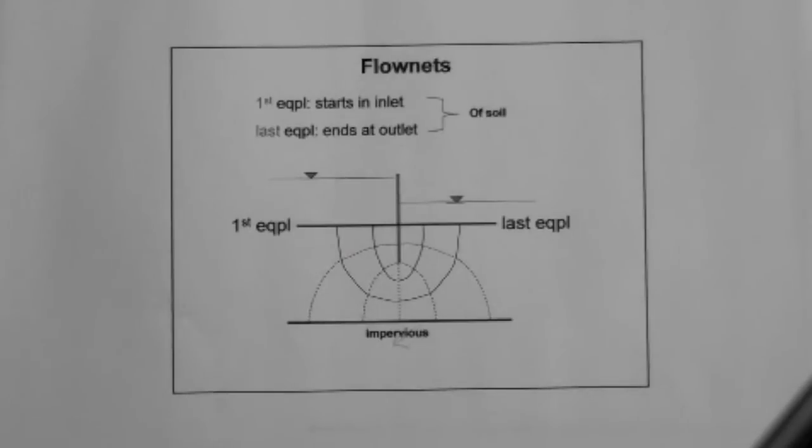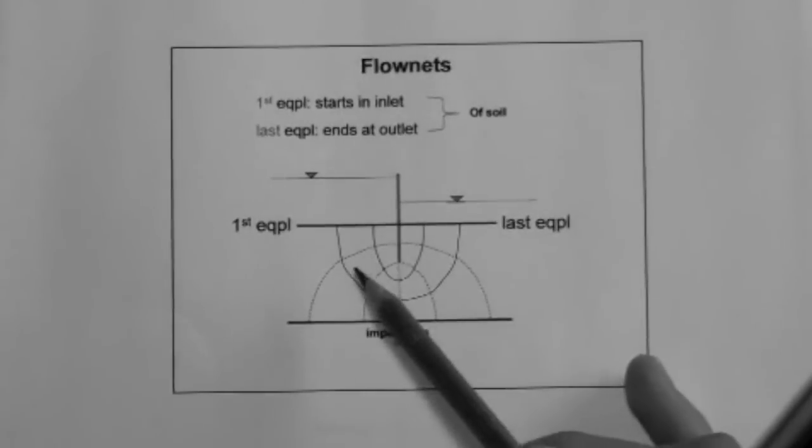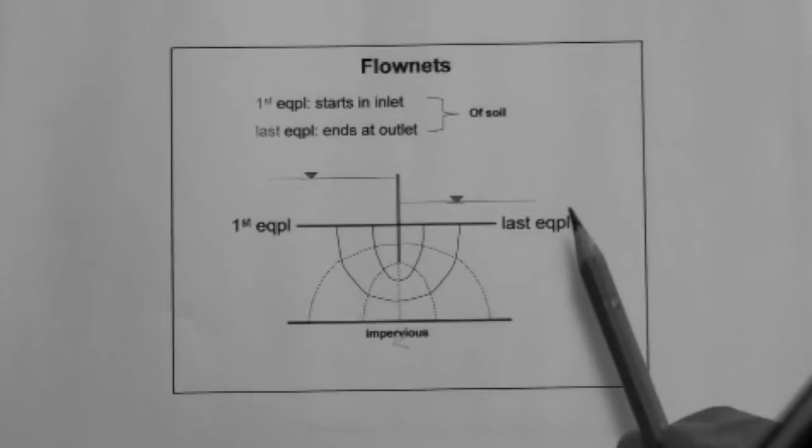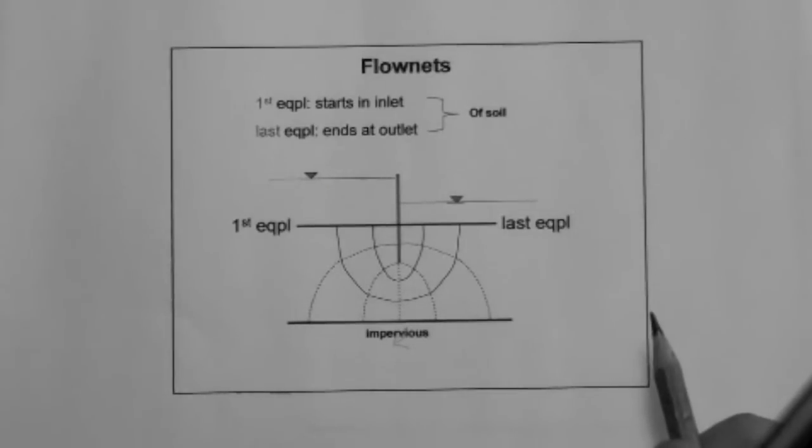They can do it in shorter time, with less error, etc. But once you have your flow net drawn or created by the computer, it is very important to identify all the equipotential lines and all the flow lines.